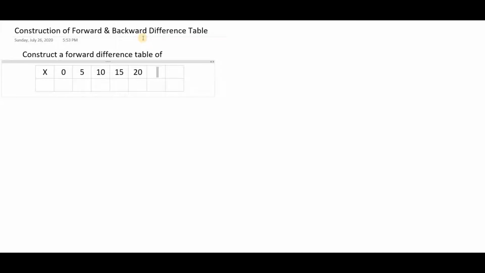Construct a forward difference table of x values 0, 5, 10, 15, 20 and 25, and y values are 7, 11, 14, 18, 24 and 32.